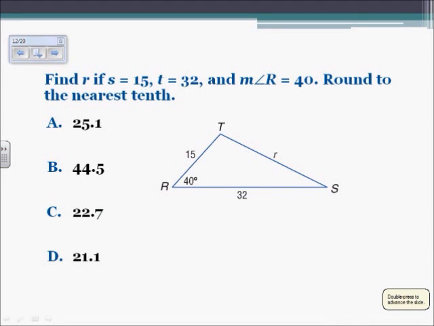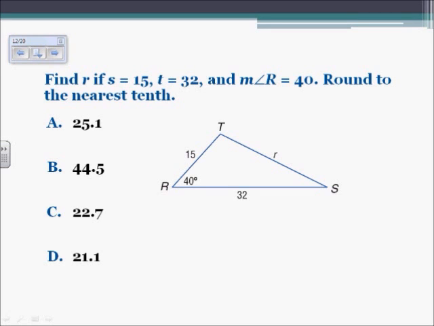Alright, next example. It says find r if s is equal to 15, t is 32, and the measure of angle r is 40. Round to the nearest tenth. So again, we're probably going to apply the law of cosines to solve here.